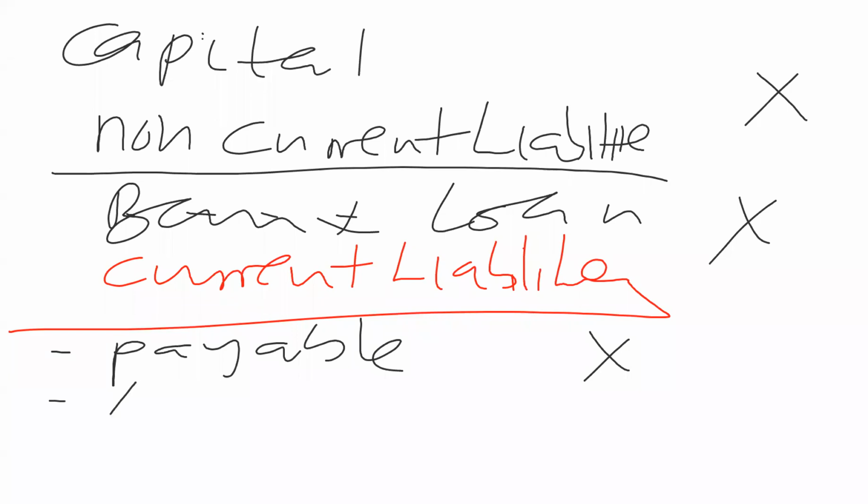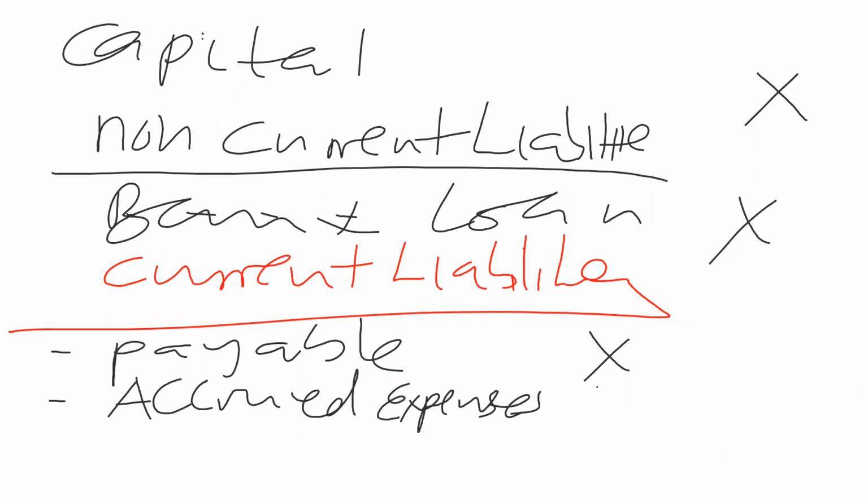The accrued expenses, or expenses owing. I think in the assignment that I gave you, they have more of such. Accrued expenses are expenses that have already been incurred but haven't been cleared; you haven't paid for them.